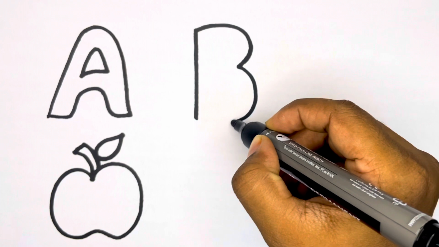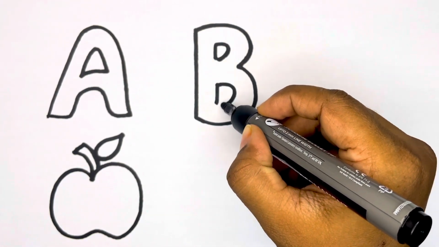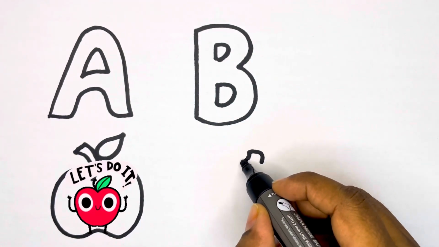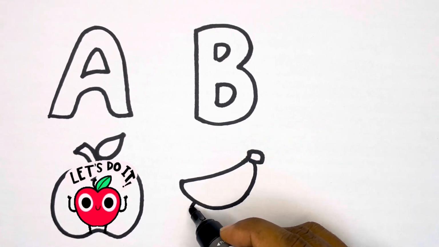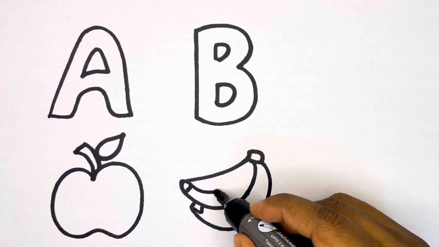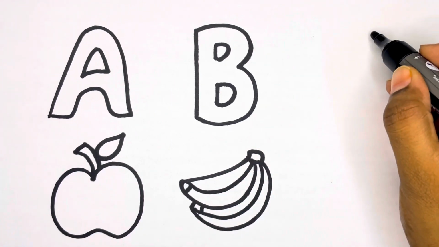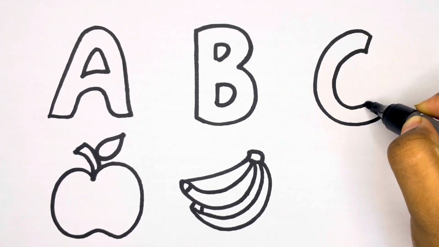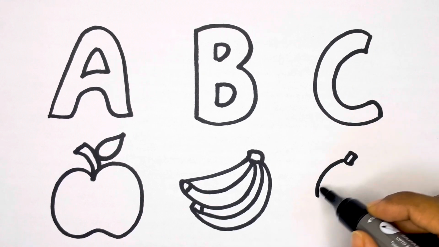Next is B. B for ball, bat and banana. Next is C. C for cat, cow and cherry.